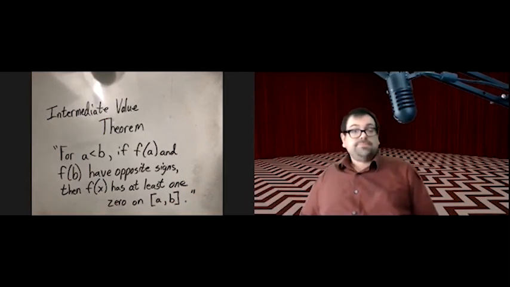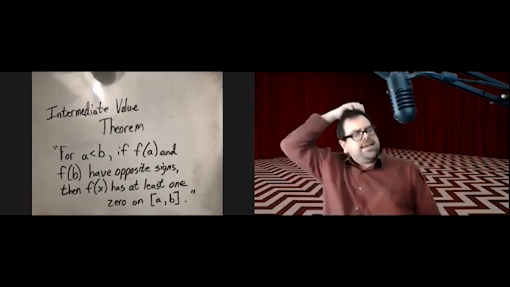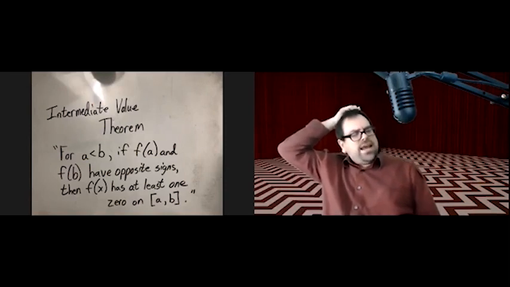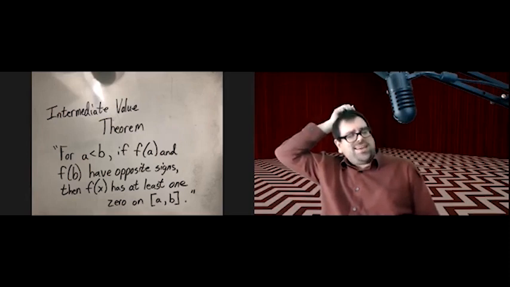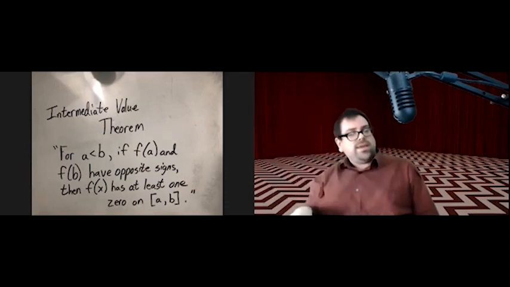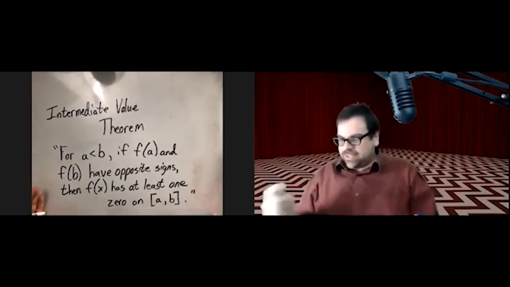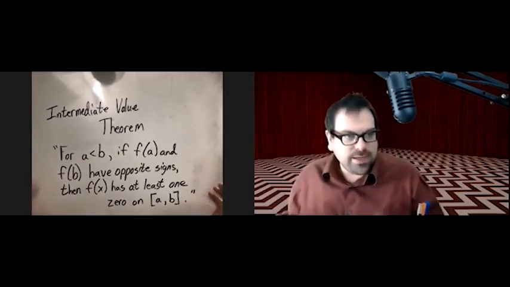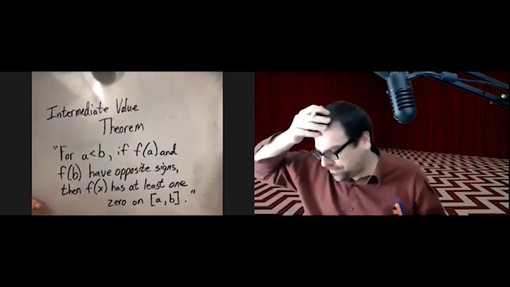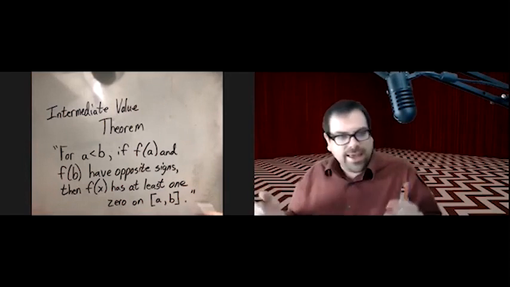That's wordy. For a less than b, if f of a and f of b have opposite signs, then f of x has at least one zero on the interval from a to b. Once I break this down and explain what it's saying, like I said, it's going to be common sense. A and b are x values.